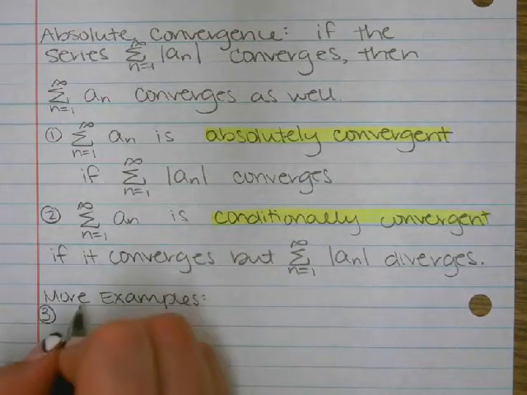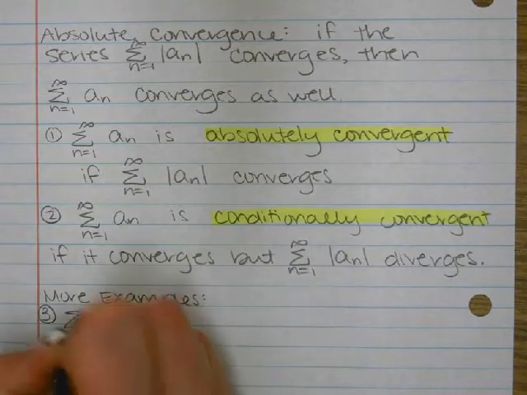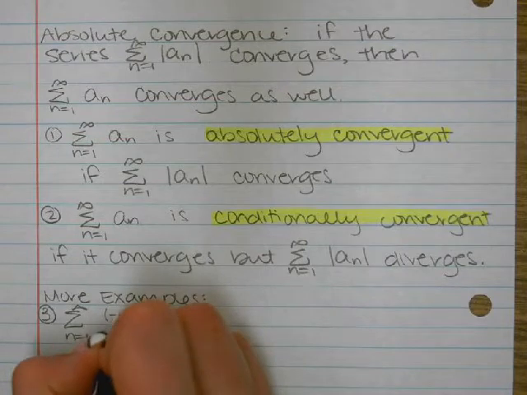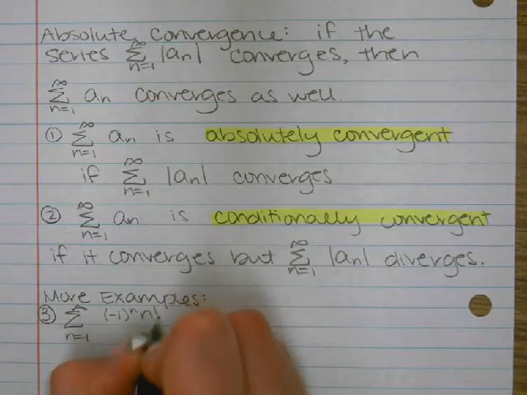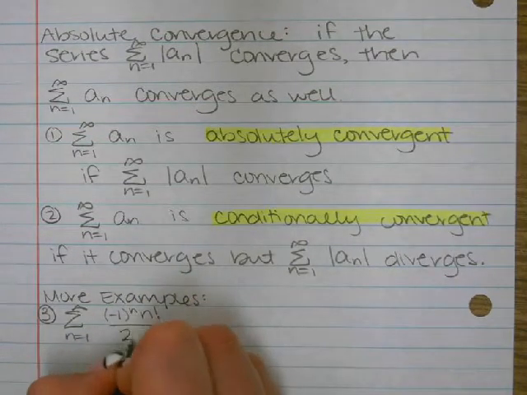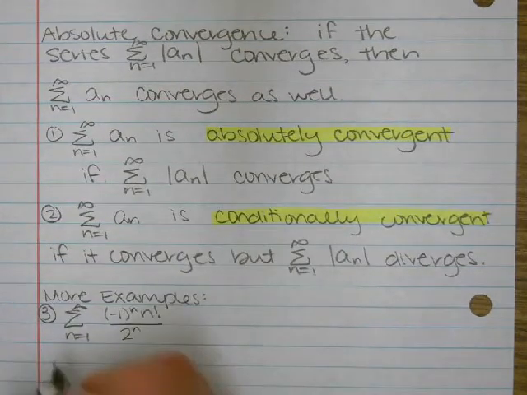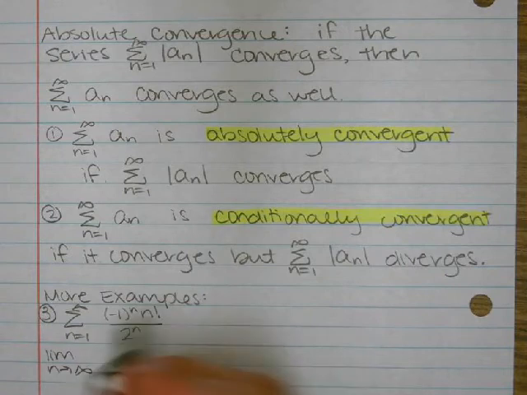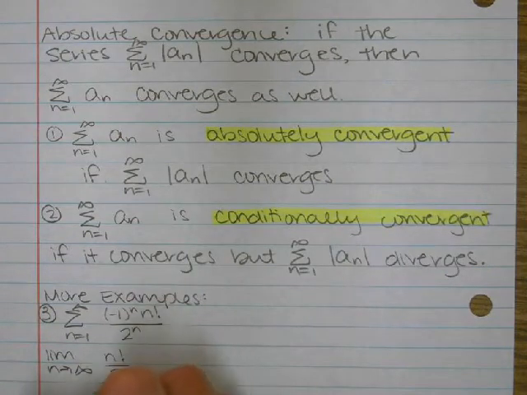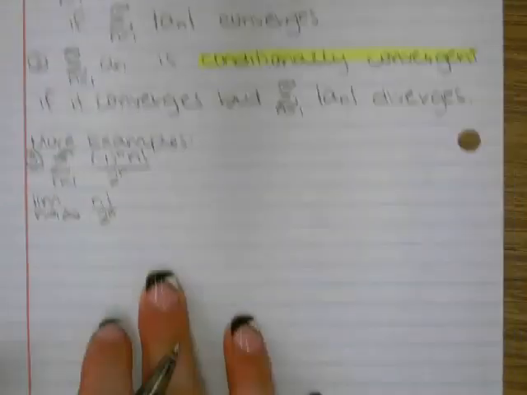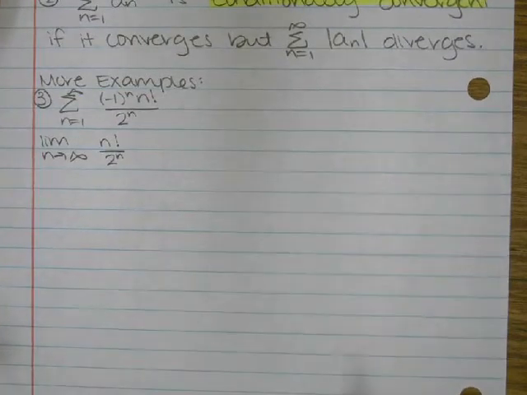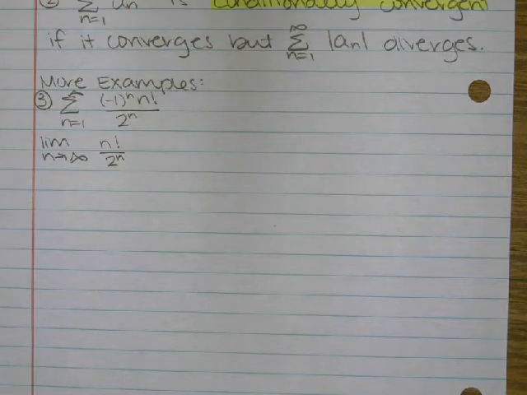So example 3, we're looking at (-1)^n n! divided by 2^n. So if we look at the limit as n goes to infinity of n! over 2^n, you have to think about which one is increasing faster to know if it's going to be infinity on the top or infinity on the bottom.